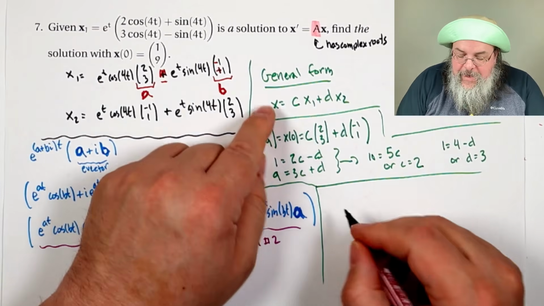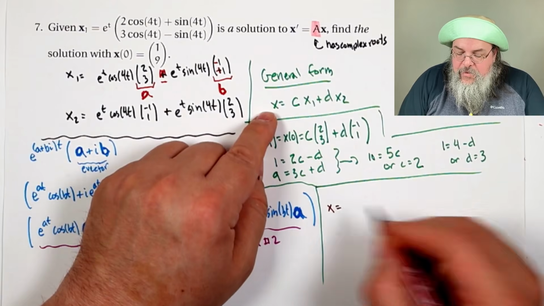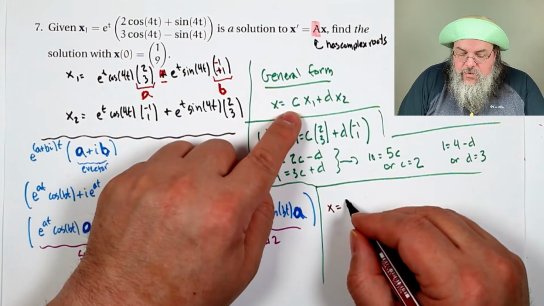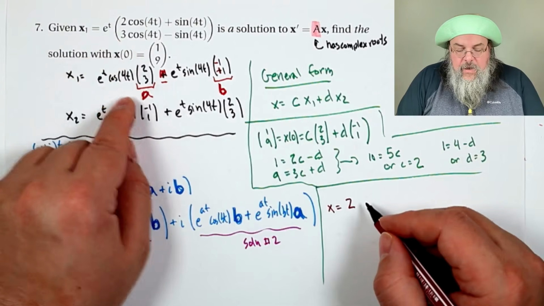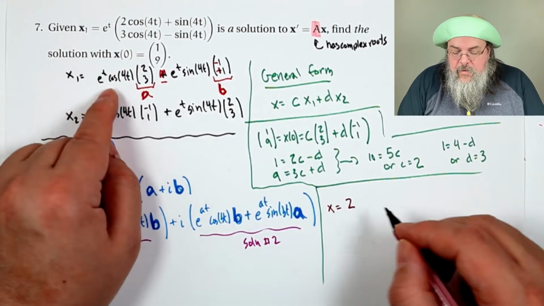We have that x is equal to c, which is 2, times x1. And x1 we can write in that way, but we'll go ahead and do it here.